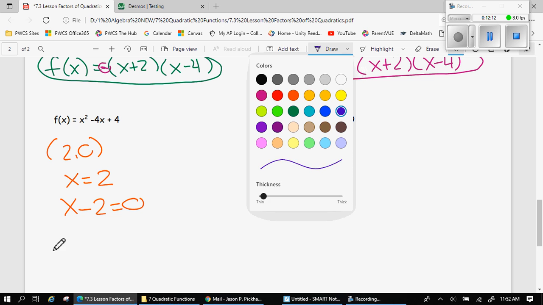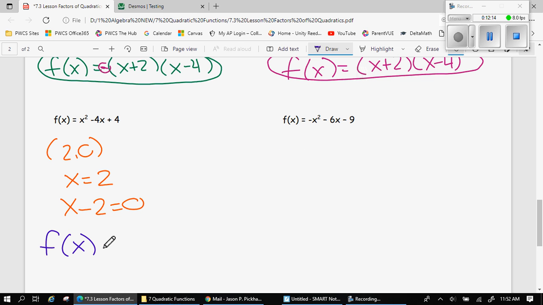And when I write the factored version of this, excuse me, I need to have two factors. And what's unique about this situation where I have one x-intercept, and that x-intercept is also the vertex, I put a squared here because technically there is two of them.